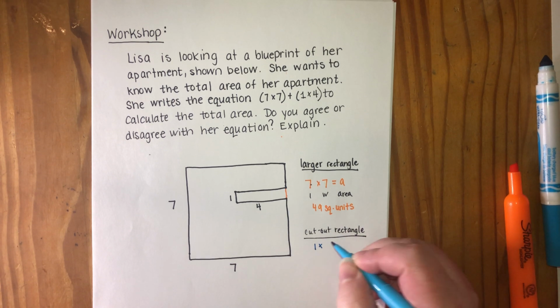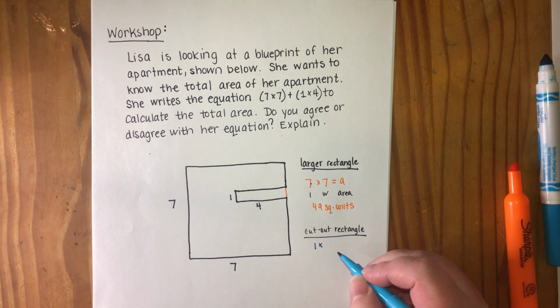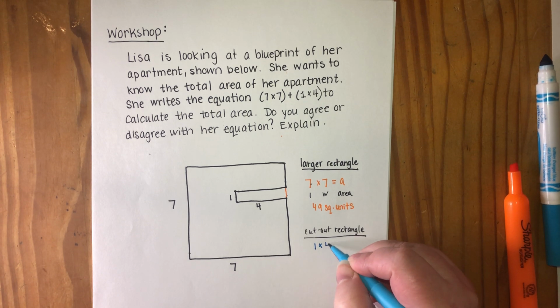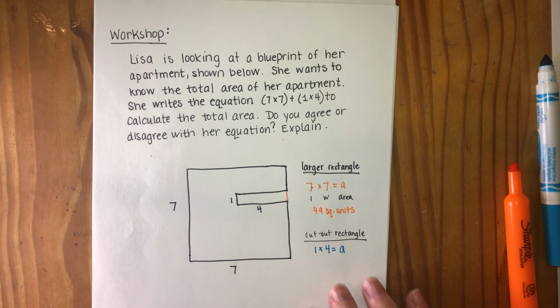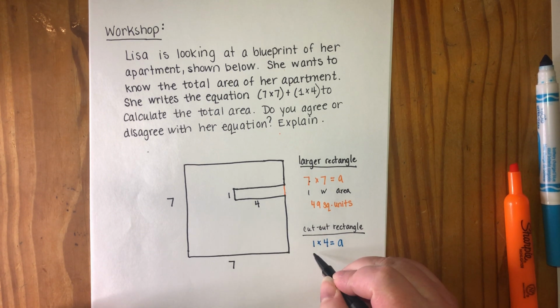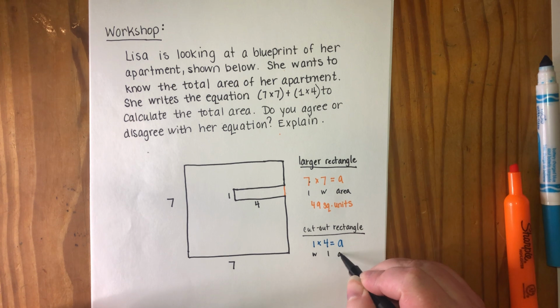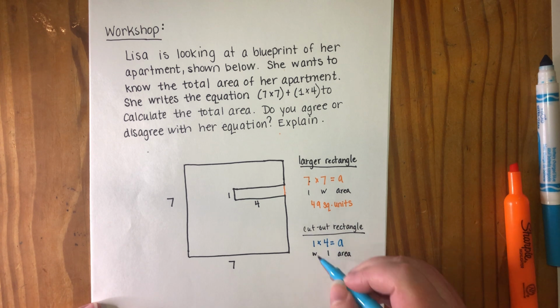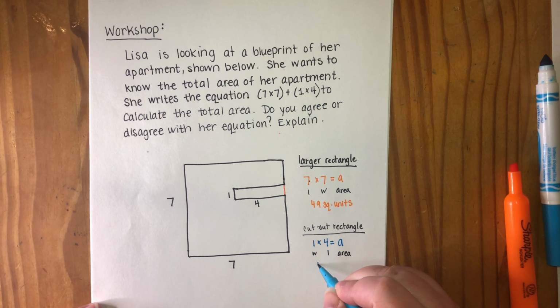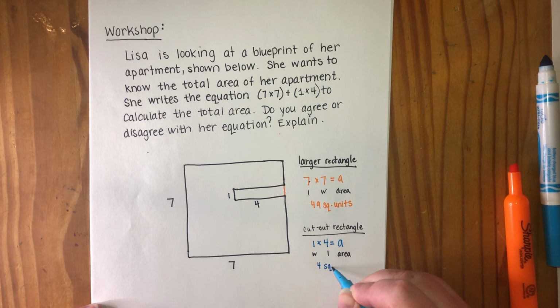And what is the length of the cutout? Yes, 4 units. When we multiply them, that will give us the area. What is the area of the cutout rectangle? Correct. 1 times 4 is 4 square units.